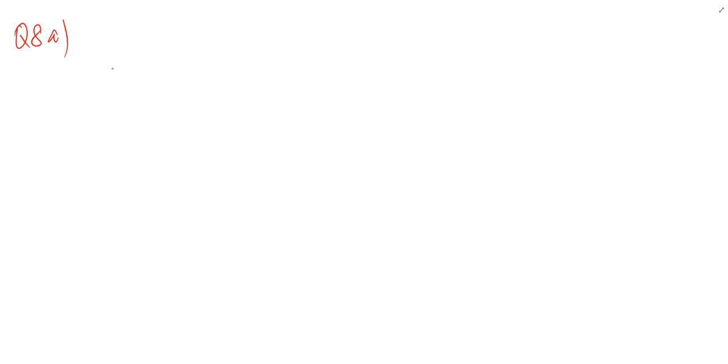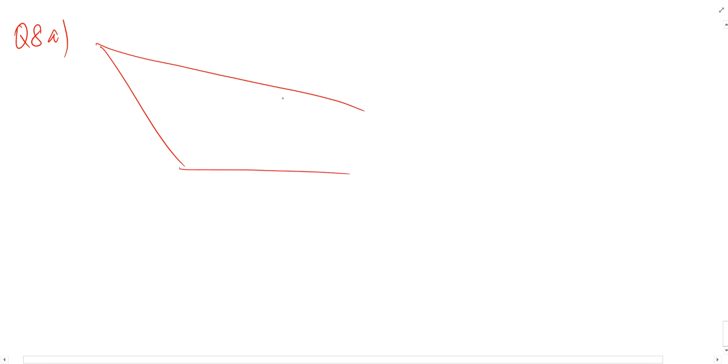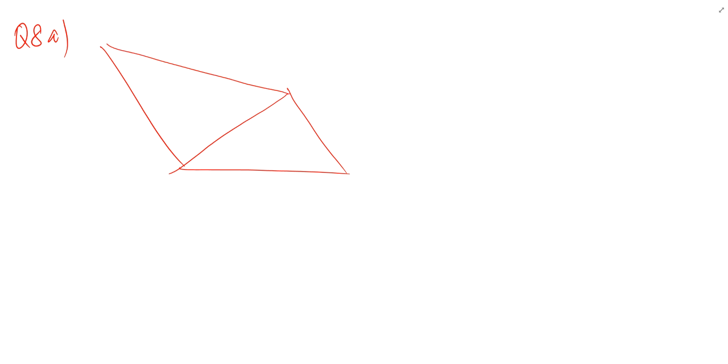Okay, so here we have a quadrilateral. And the points given will be D, A, B, and C. Information given is that angle A is the same as BAC. This angle is the same as CDA.